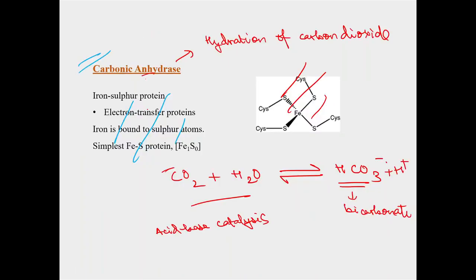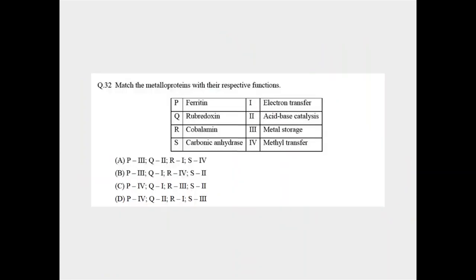And carbonic anhydrase, a little bit about its structure. In this, the metal present is zinc in +2 oxidation state, and it is coordinated to 3 histidine moieties, and here OH or water is present. So from this we can now match.